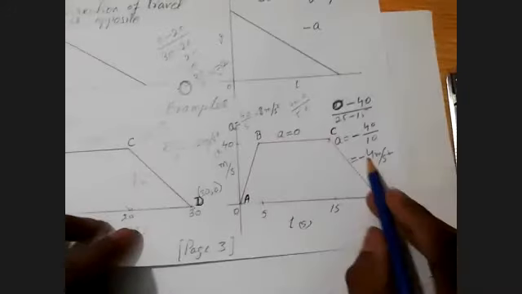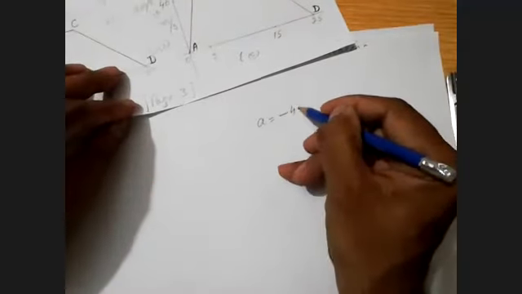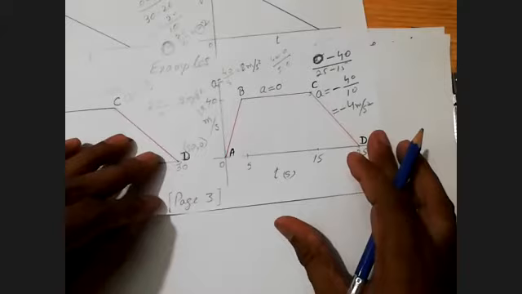Now if the examiner asks to find out deceleration, and you got a is equal to minus 4 meter per second square, but the examiner is using the word deceleration, then what will you have to write?